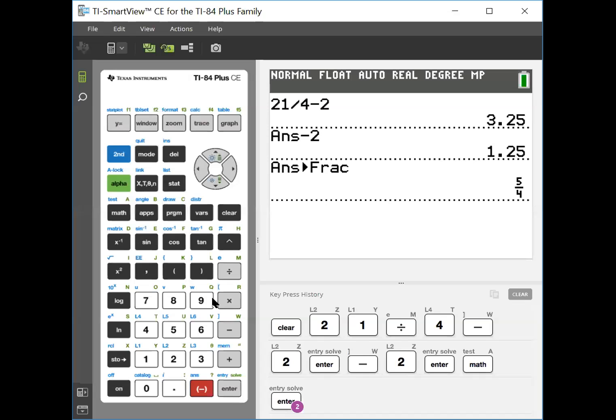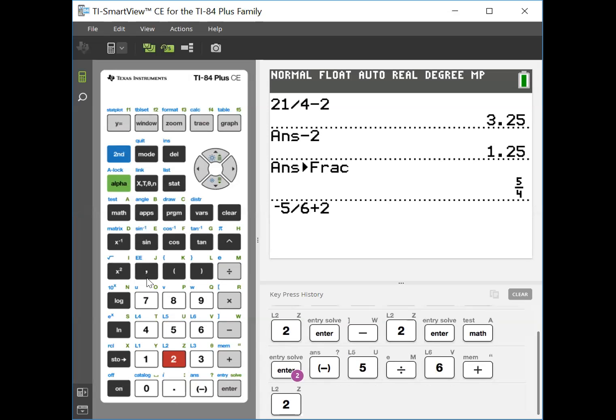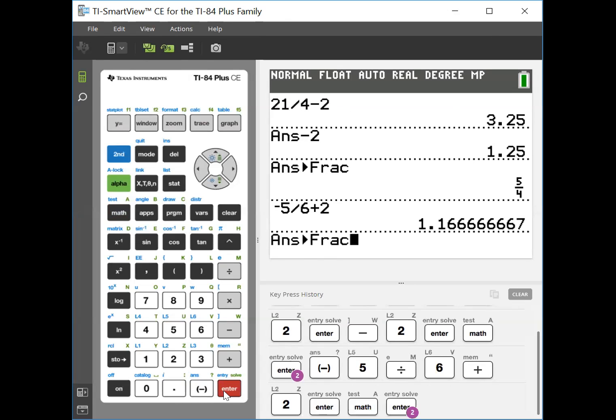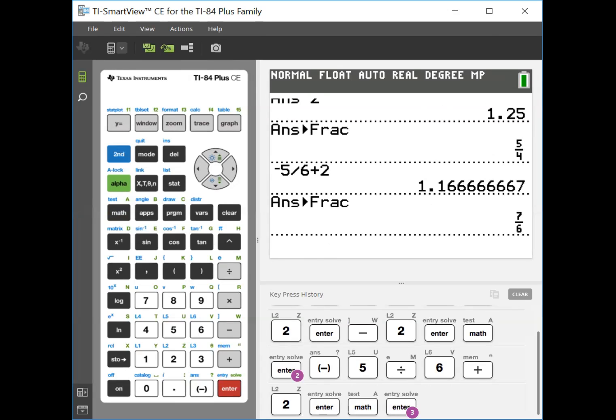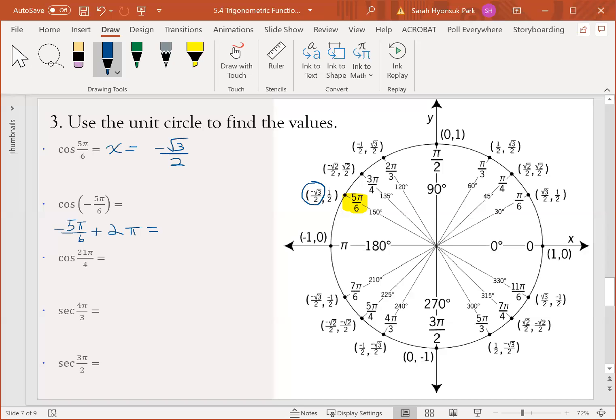So we have negative 5 over 6, adding 2. Let's change that to a fraction. So 7 over 6. Okay, so negative 5 pi over 6 is equivalent to 7 pi over 6.